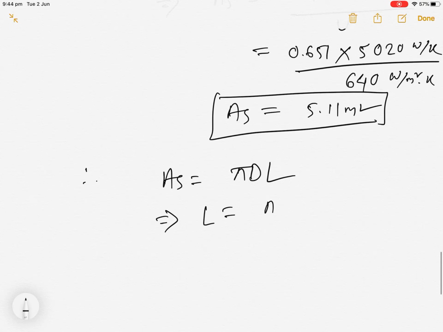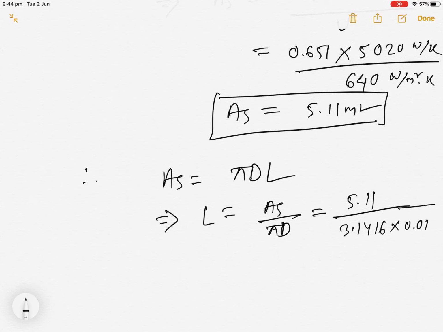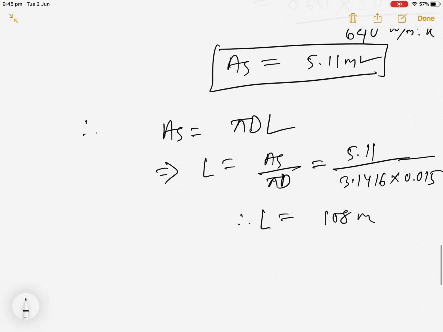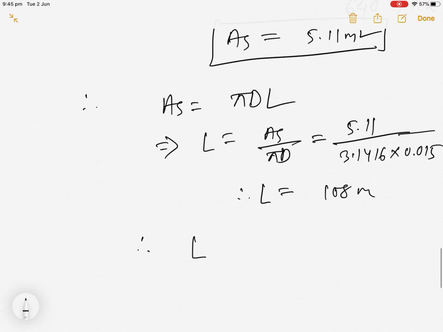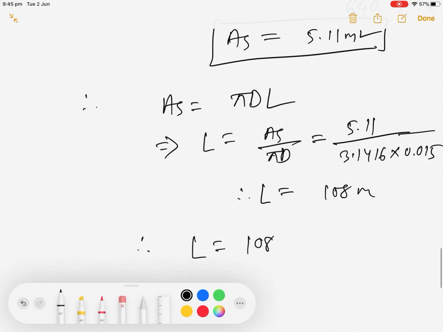And now you know the heat transfer surface area As equals pi d L. So L is As over pi d. So As equals 5.1, pi is 3.1416, and the diameter is 0.015. It was in centimeter, I guess, yes. So the length we got is 108 meter.